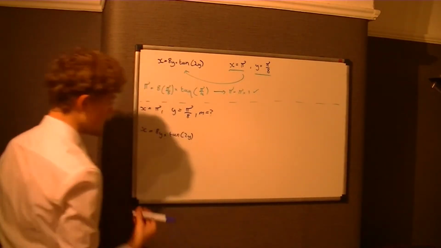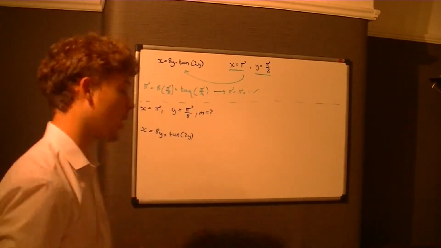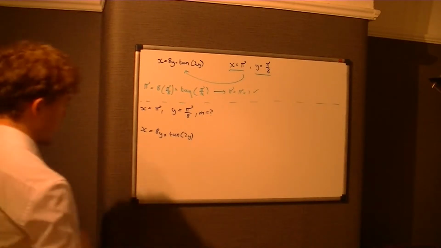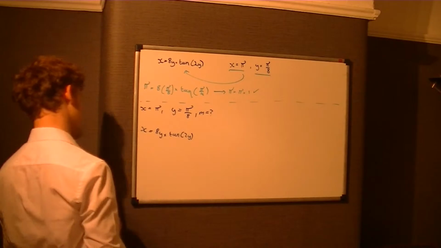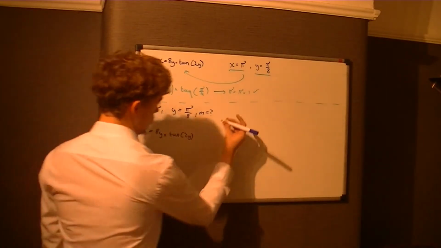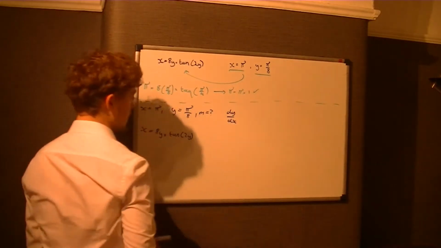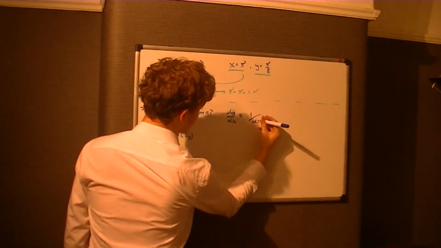If we were to go into a hideous mess, it would be very, very hard to get this equation in terms of y. Almost impossible, in fact, to write it purely as y equals something in x. So what we do instead is, we know we want to find dy by dx. But we know that dy by dx is equal to 1 over dx by dy.